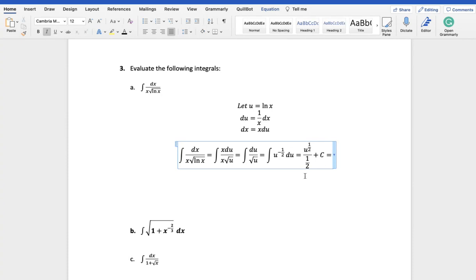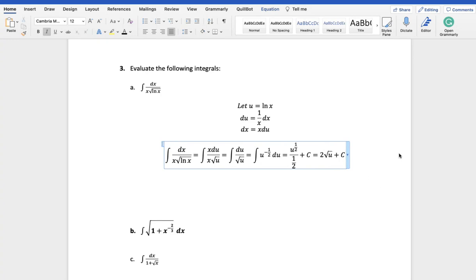Okay, so then you can simplify u to the 1 over 2 to just be equal to the square root of u, and divided by 1 over 2, which is just multiplying by 2, plus C. Right, so you have that.